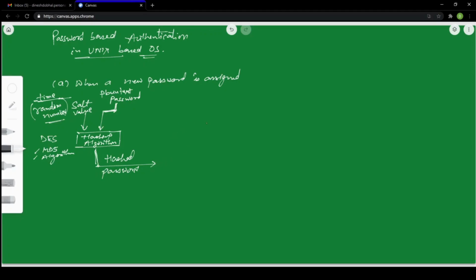Then this hashed password is stored in a file, which is a password file having user ID, the salt value, and hashed password.